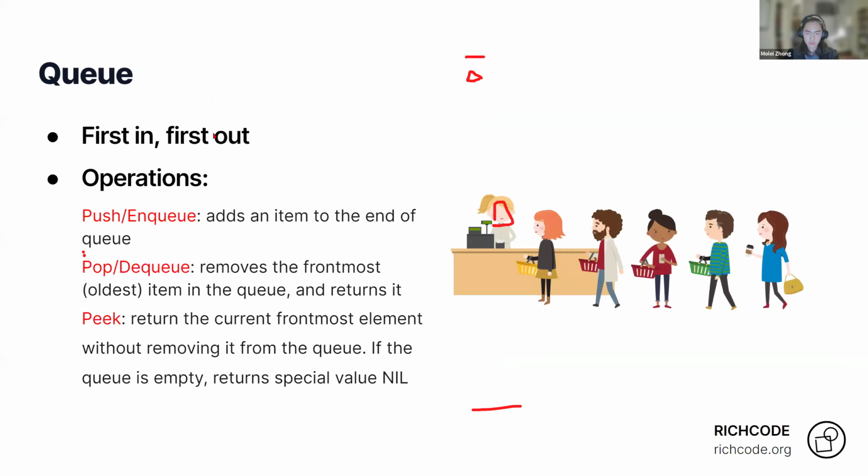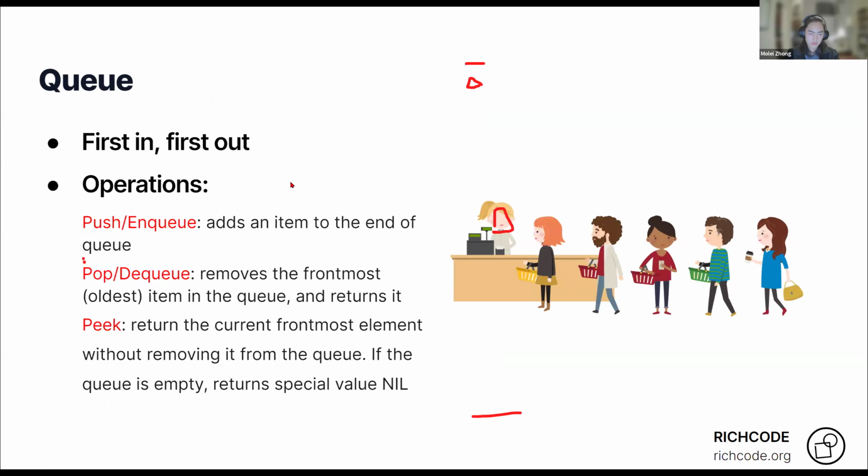Next, we have a queue. A queue is like a stack, but instead of last in, first out, it goes in a first in, first out order. A queue also has three main operations: push, pop, and peek, or you can sometimes see push and pop called enqueue and dequeue.